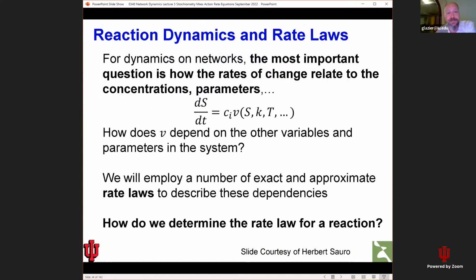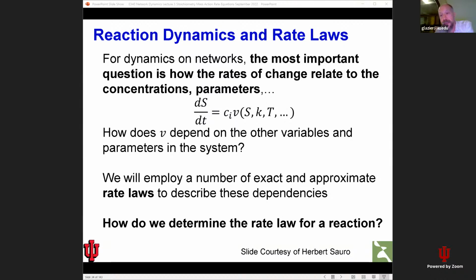All right. So always we're going to be trying to understand how the rates of change, those V's, depend on the parameters and the variables in the problem. And the key thing that we're going to have to do is come up with rate laws that relate concentrations to the rates of reaction, to the velocities of reaction.